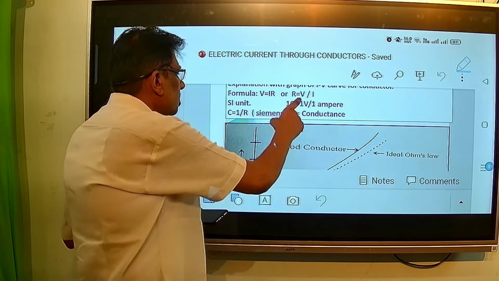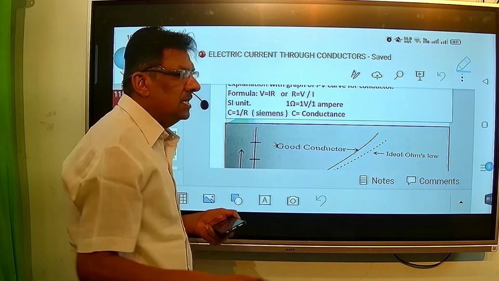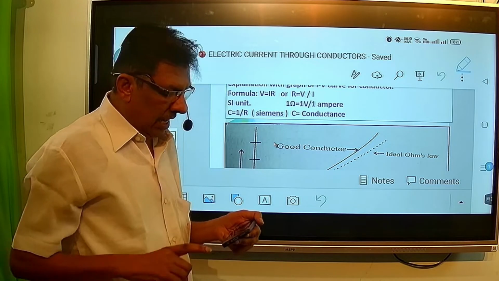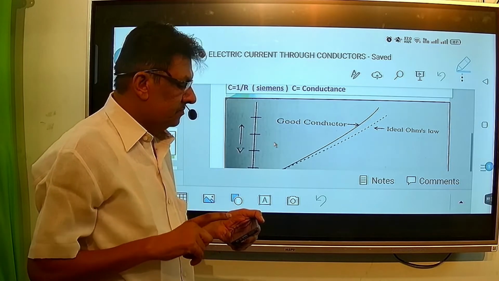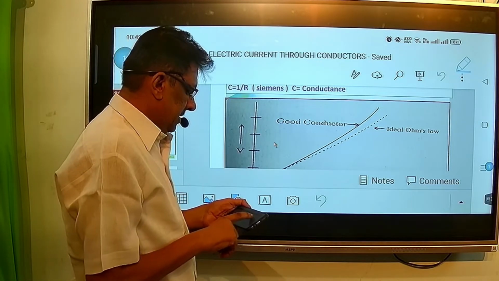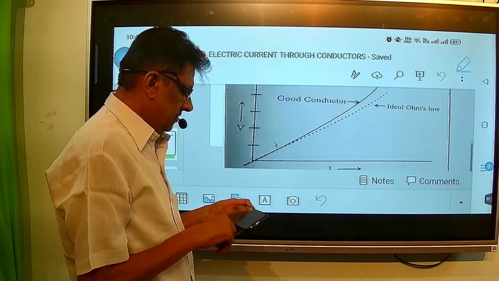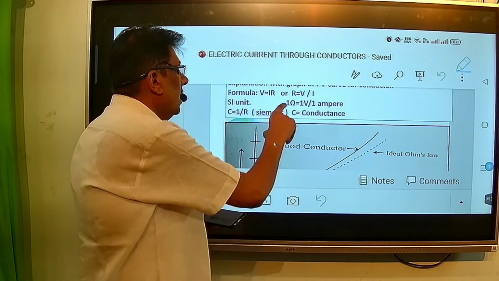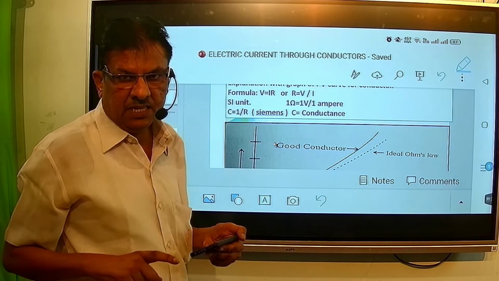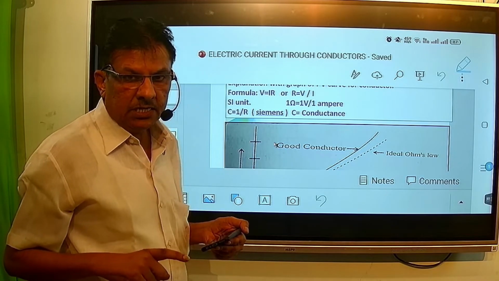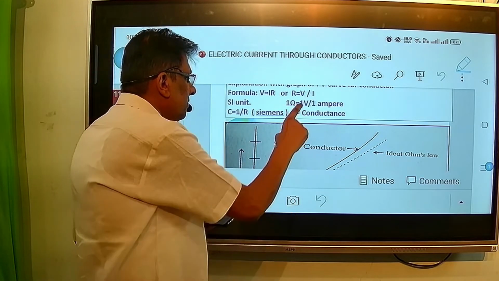Then we come to the conclusion, what is the unit for R? First of all, V is nothing but voltage, taken in the form of potential difference. Current is taken in terms of ampere.